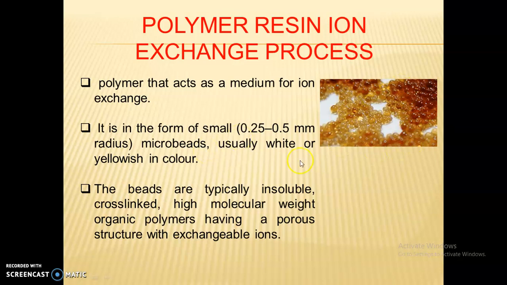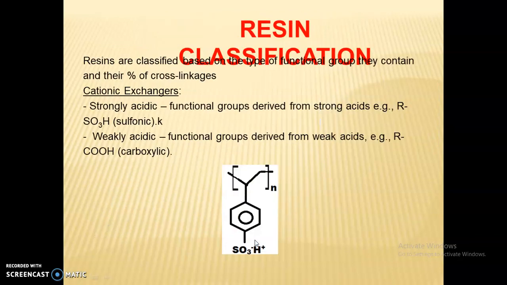You can see the beads are typically insoluble, cross-linked, high molecular weight organic polymers having a porous structure with exchangeable ions. These resins are mainly classified into two: cationic exchangers and anionic exchangers. This classification is given on the basis of the functional group present in it.